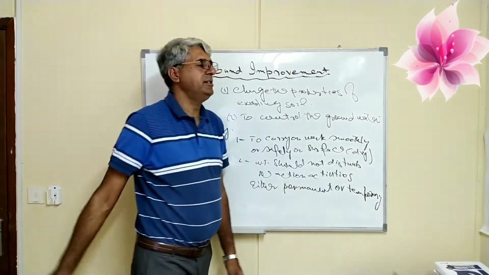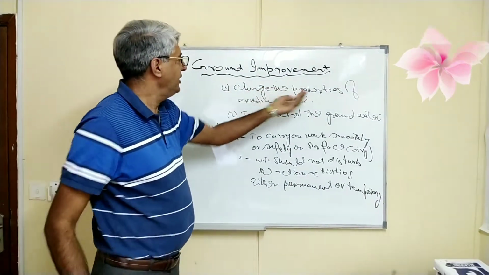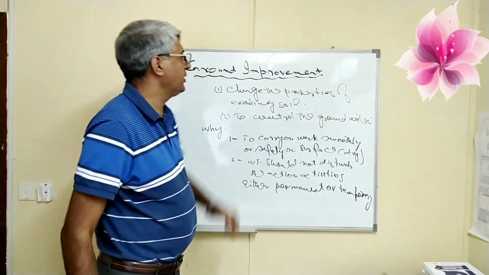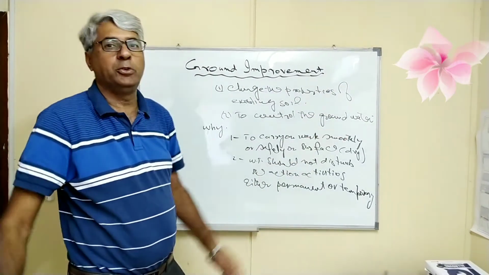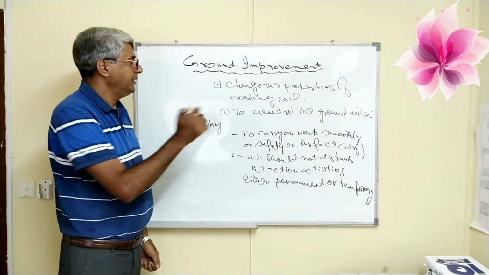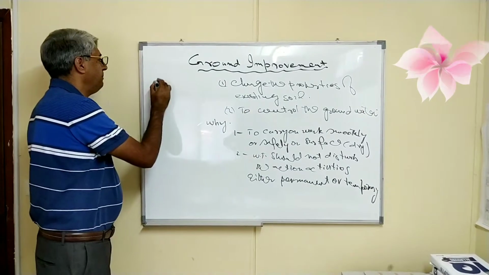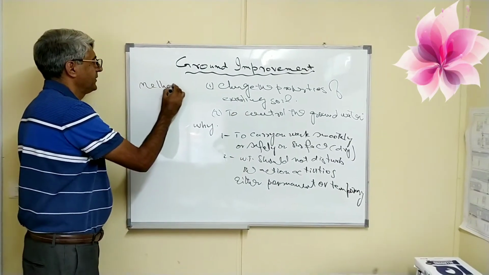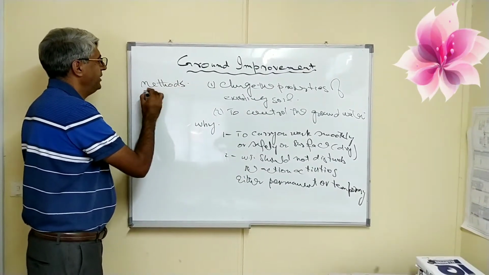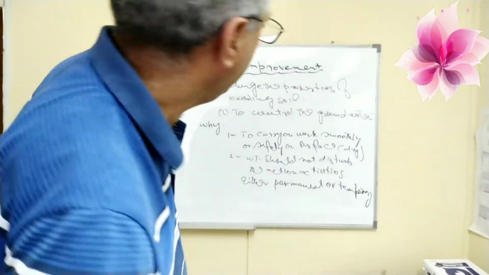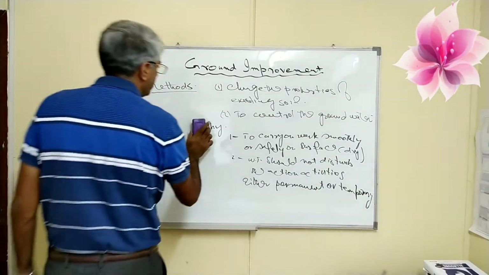Now the question arises, when we have to change the properties of the soil, and second thing, when we have to control the groundwater table, how do we have to do this? What are the procedures? Now its answer is that we are going to have different methods for the improvement. And I will first of all give you an introduction about those methods.